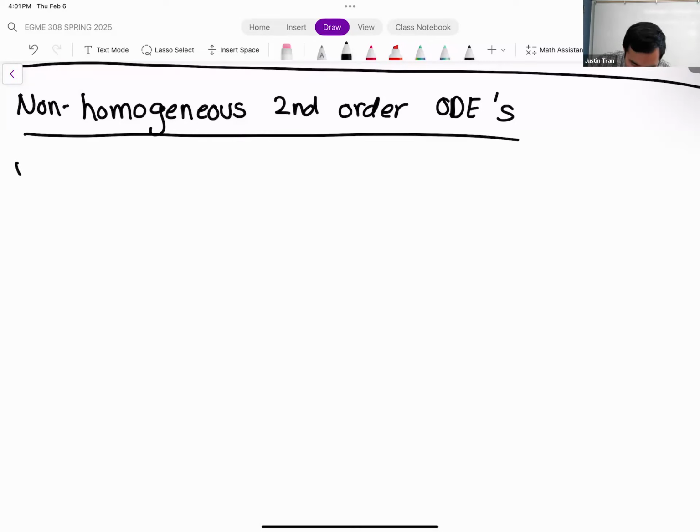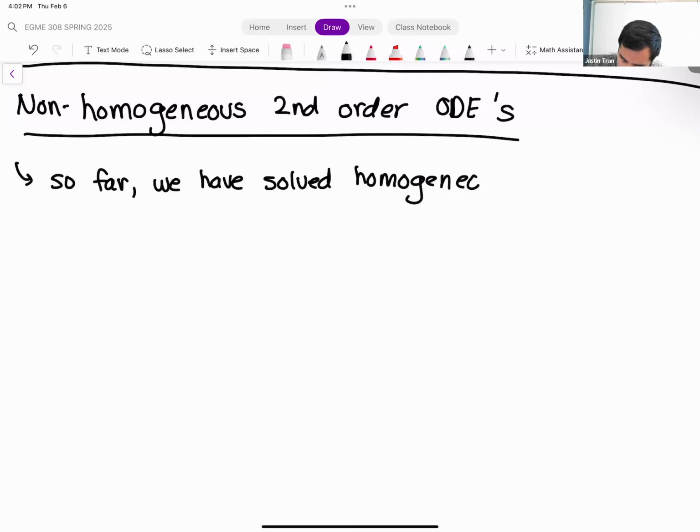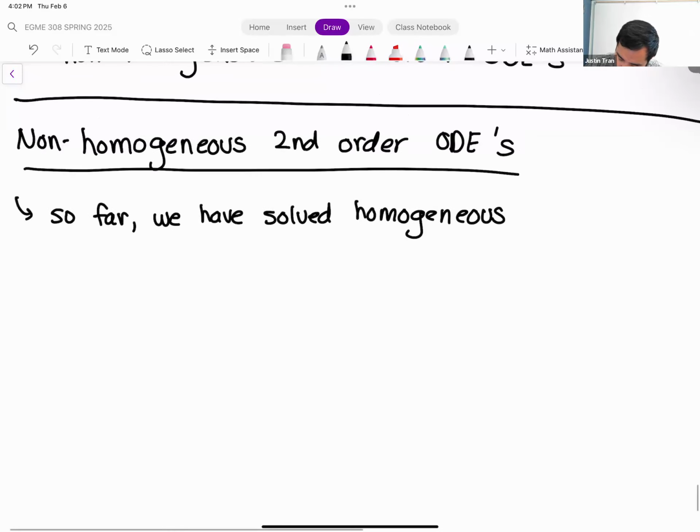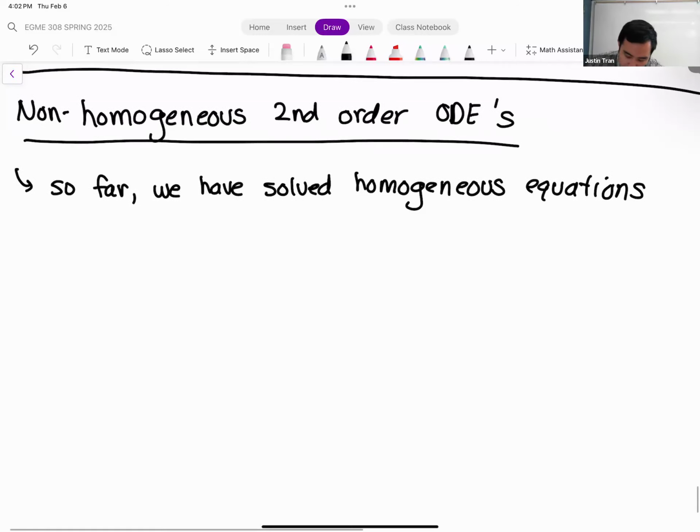So far, we've only been solving what are called homogeneous equations. If you wanted to be technical, technically we've been solving second order linear homogeneous equations with constant coefficients, but we'll just focus on the homogeneous part. And they look something like this.